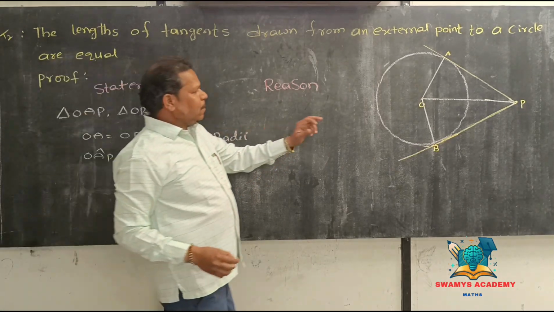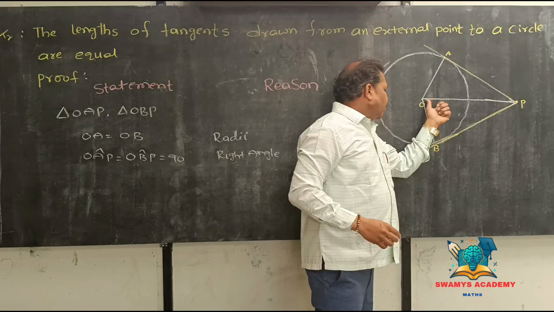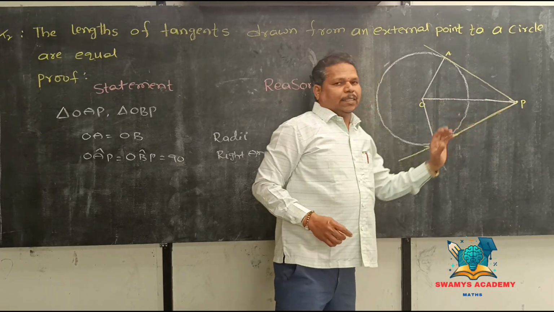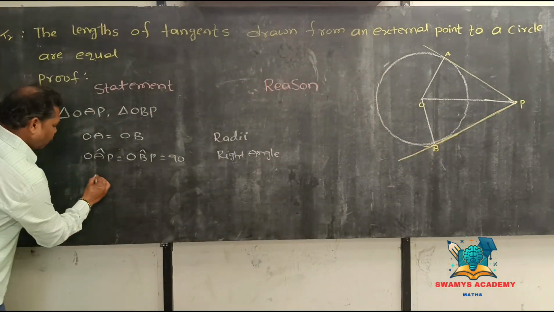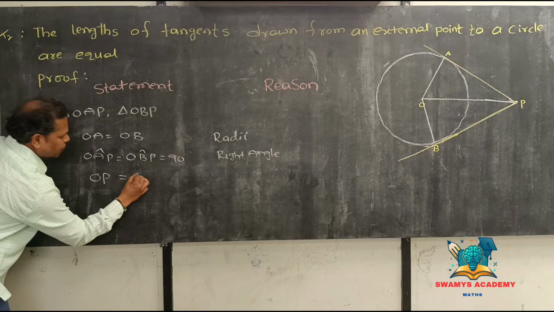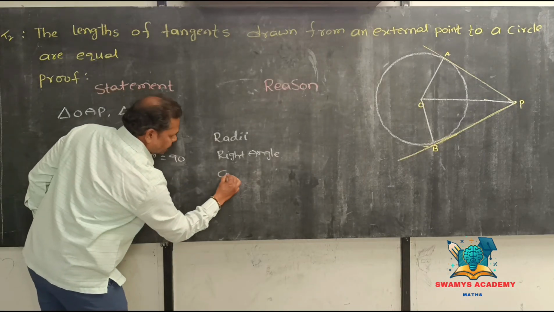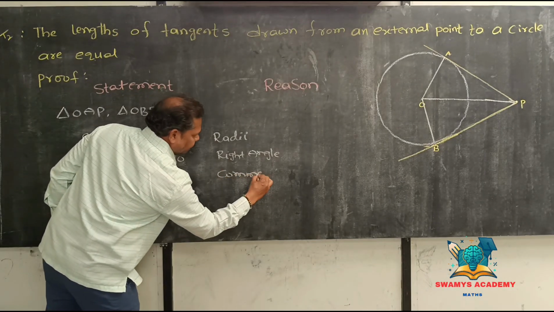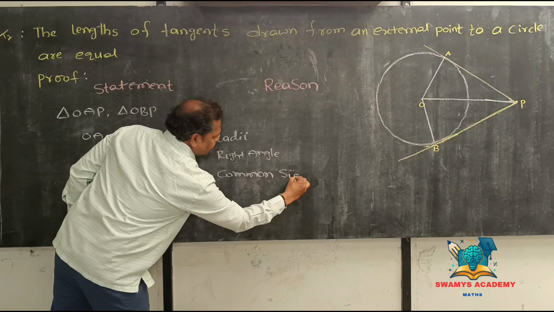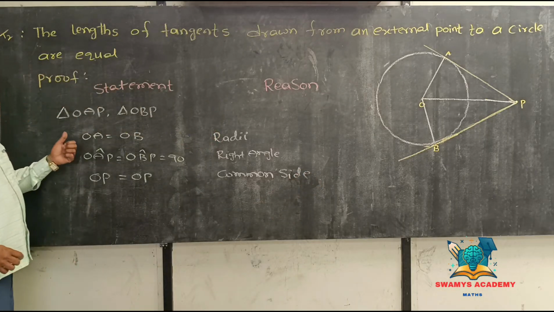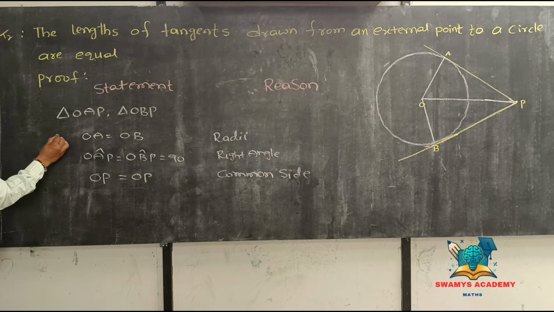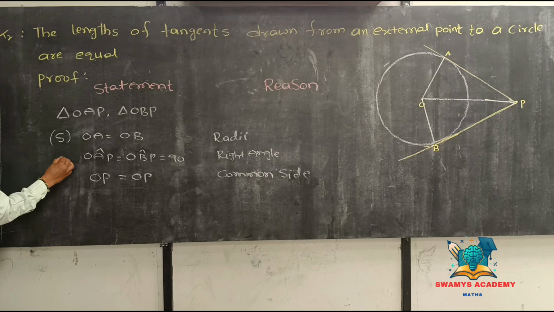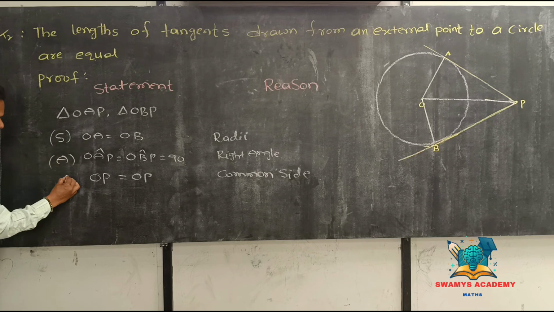Next, in triangles OAP as well as OBP, what is the common side? It is OP. So OP equals OP, reason is common side. So the statements suitable here are side, angle, side.